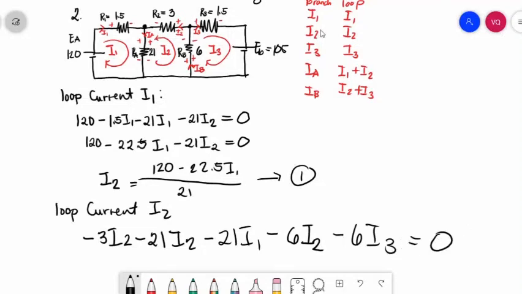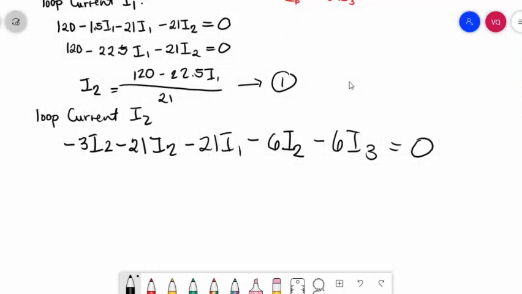Simplifying the equation. So I2, we will have negative 24 I2 minus 21 I1. Meron pa pala dito. So, 6 plus 24, so this is 30.